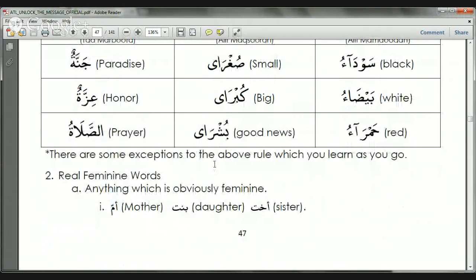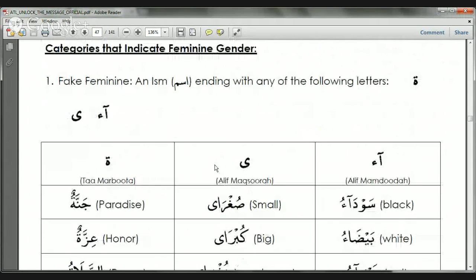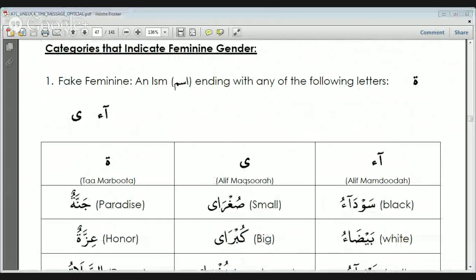Now, what I'm going to do is the following. I'm going to add one more category of words. There is one more category of words which are feminine, and they are words which don't look feminine.